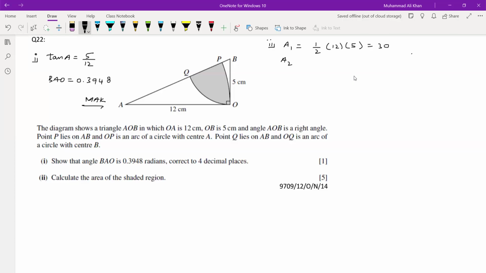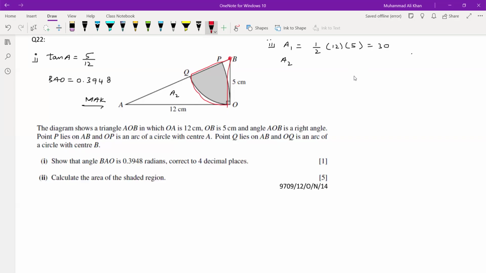Let's say this is area 2. And how to calculate area 2? From the big triangle, if we subtract this sector, we'll get area 2. Yes or no? Yes.